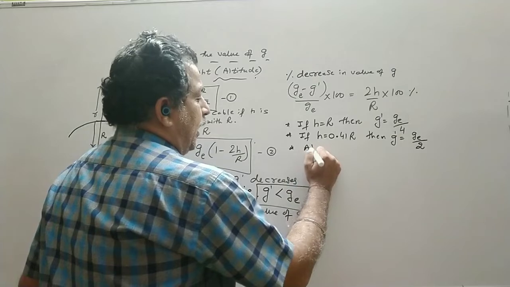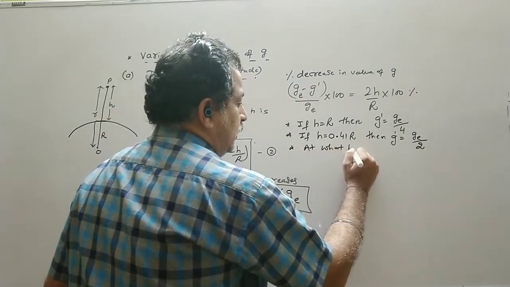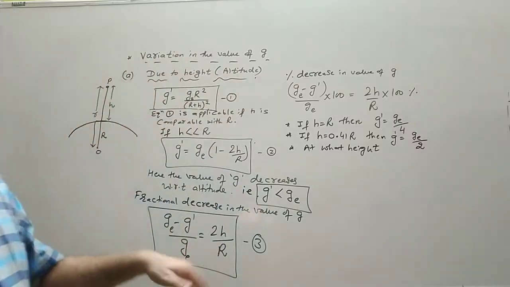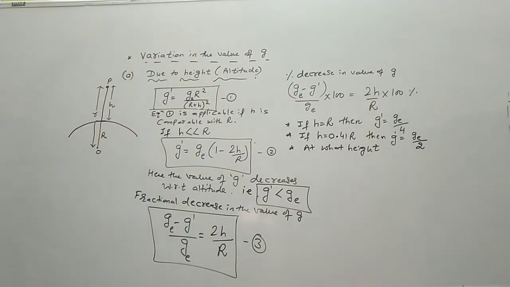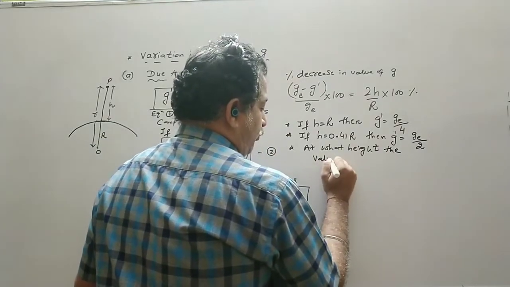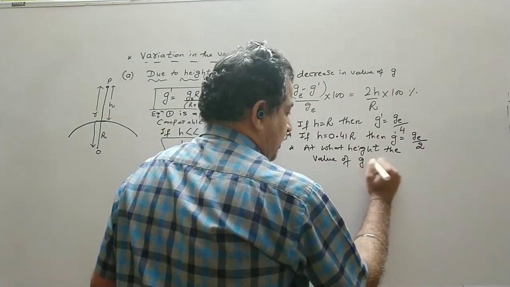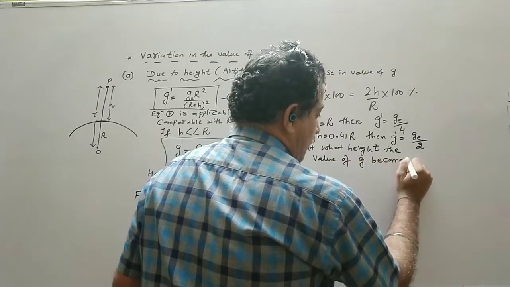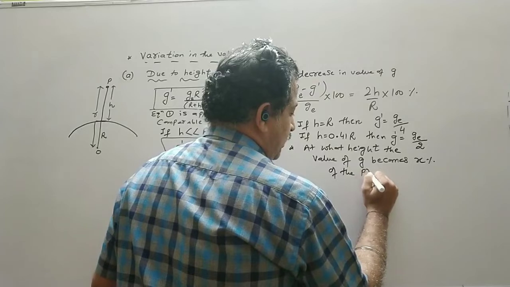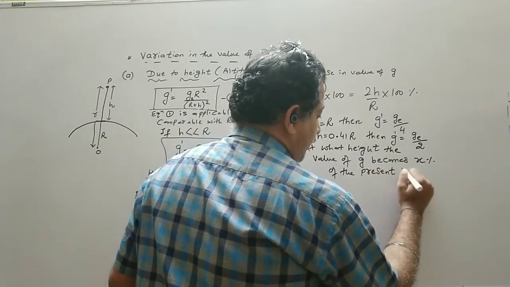Then, now here we have to find out the height at which the value of g becomes x% of the present value.